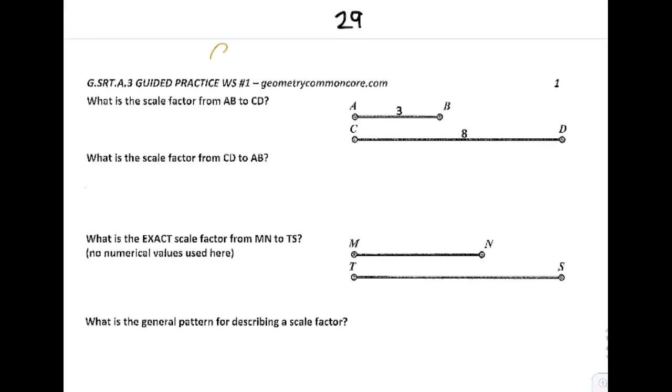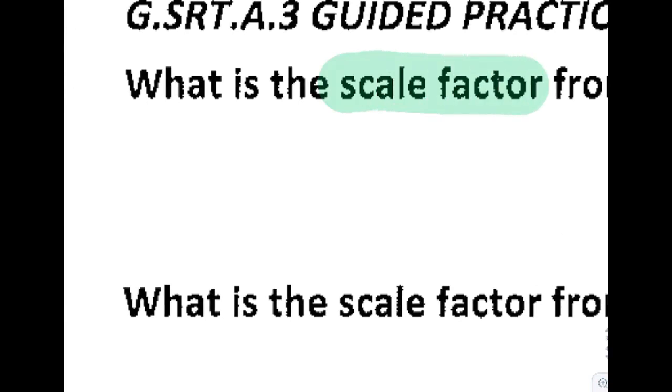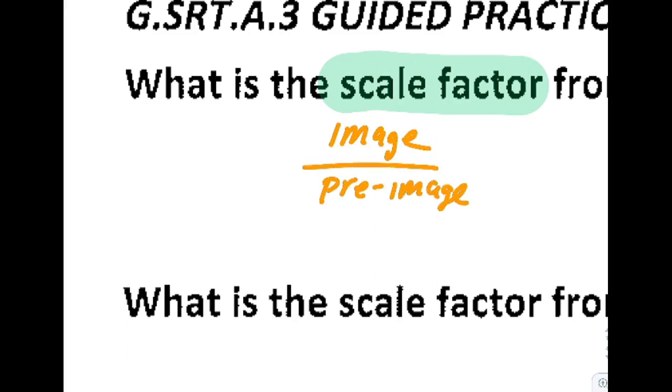Okay, consider page 30, class notes. So pretend your homework's done, and now you walk into class and I'm teaching you essentially something new here. Remember me saying at some point not too long ago that scale factor is always the image divided by the pre-image. You have to remember that.